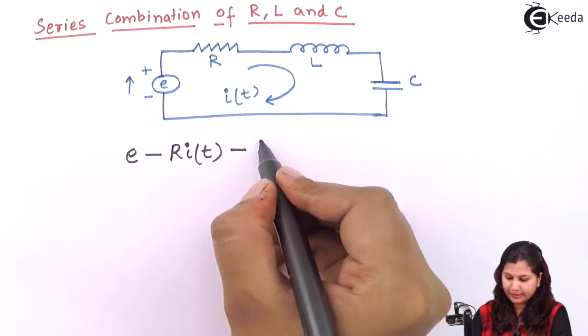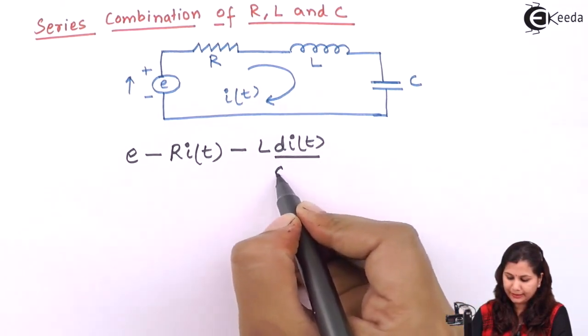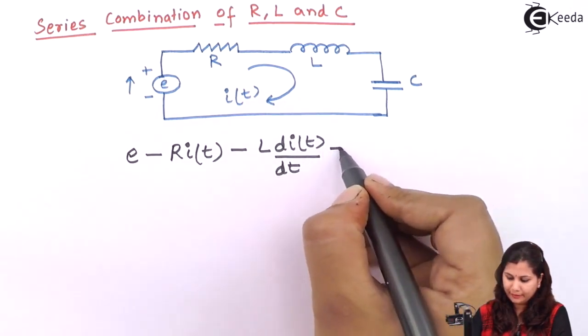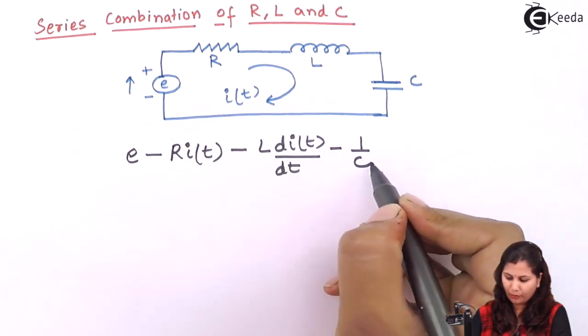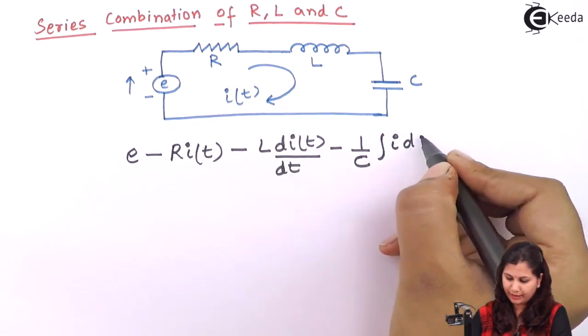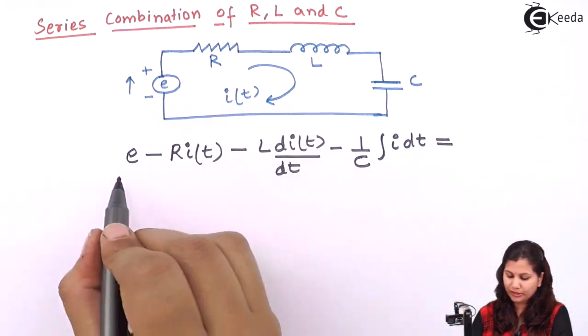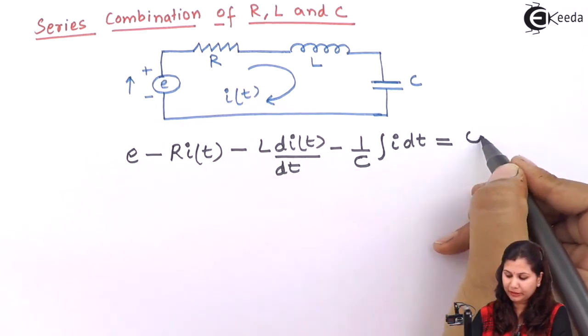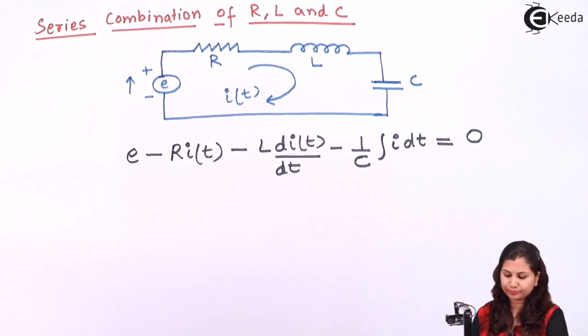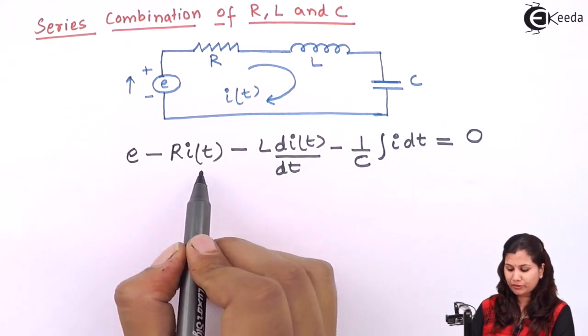Then minus L di(t) by dt minus 1 upon C integration i dt. And the sum of these voltages, algebraic sum, will be equal to 0. Okay, this is the voltage drop across the element resistor.